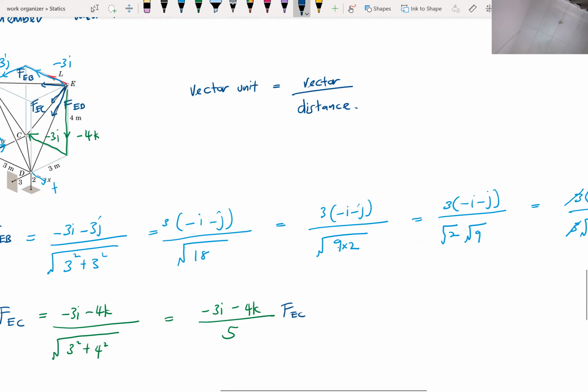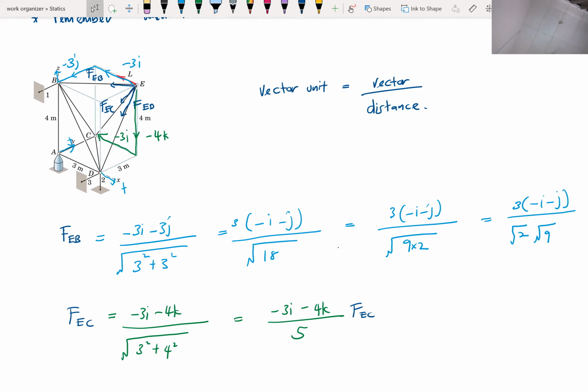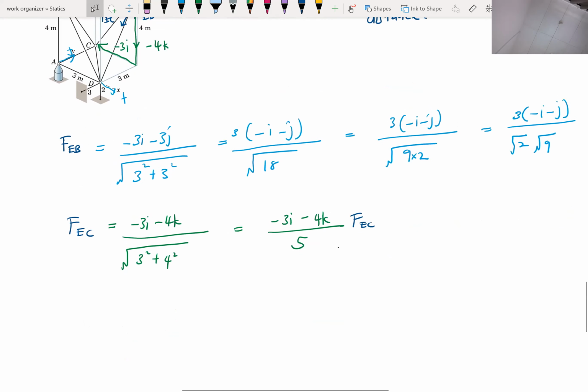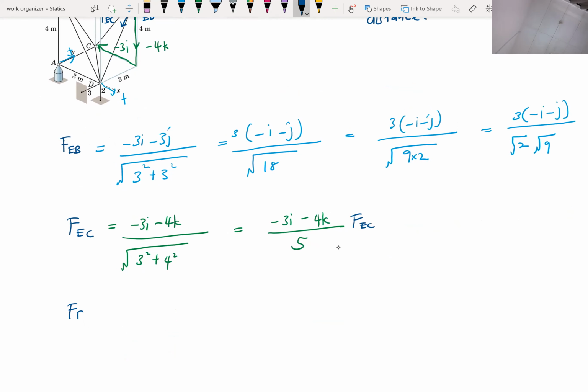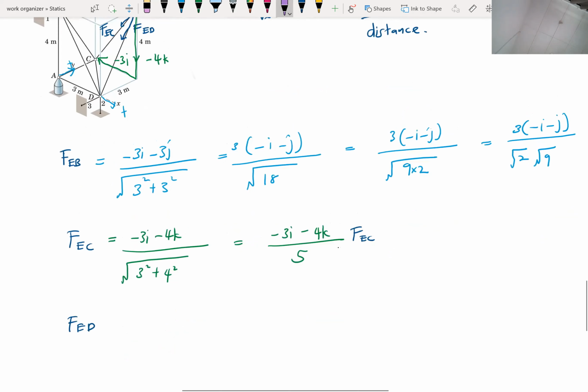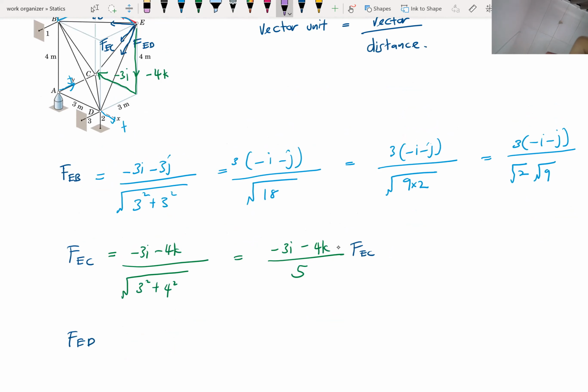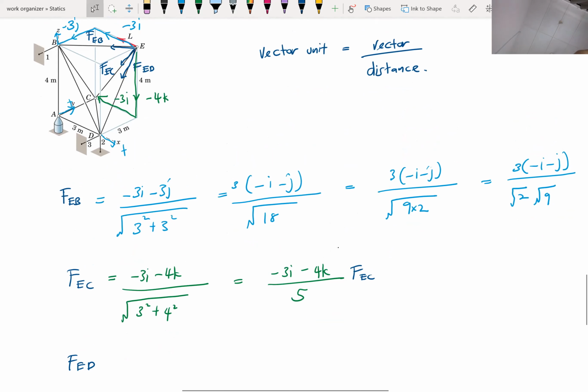Okay, next is FED. So FED, where is it? It's just going downward. Oh, this one. Okay, so the same, negative 4k, and then this one is negative 3j.